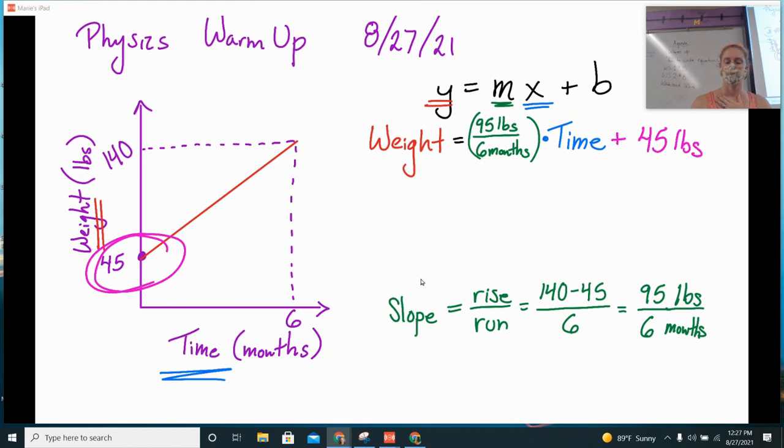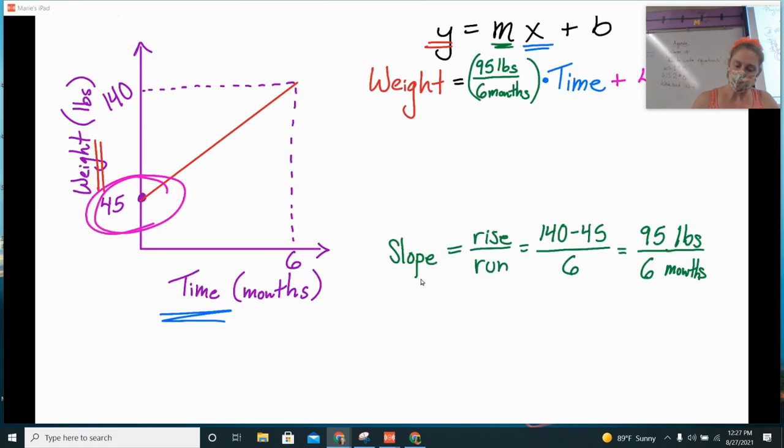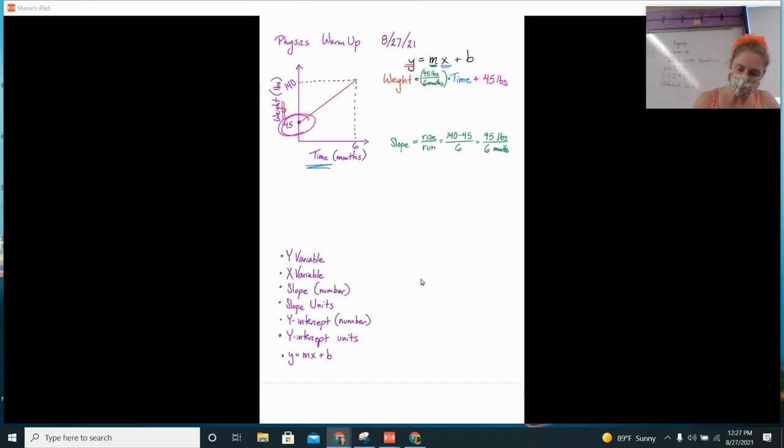Okay. So you are going to create a graph and you're going to explain step by step how you do this. And I'm going to just move my slope calculation out of the way here so you guys can see my list.